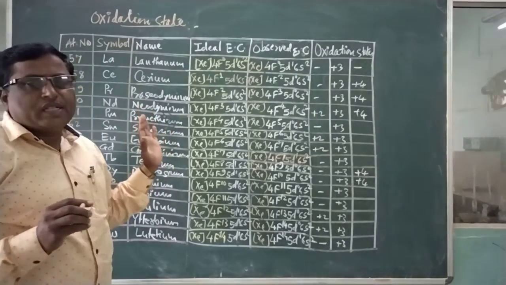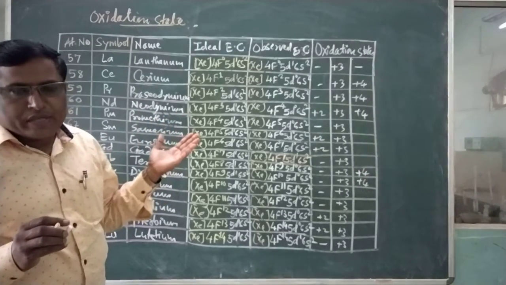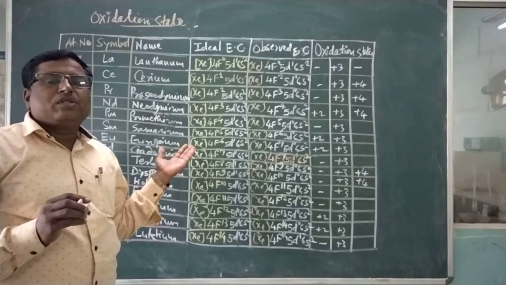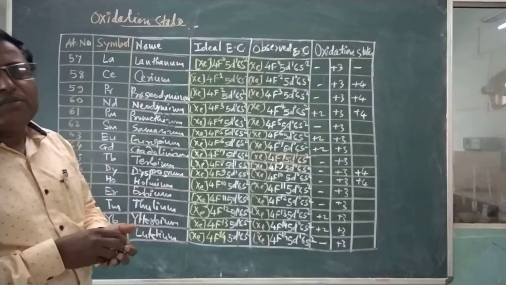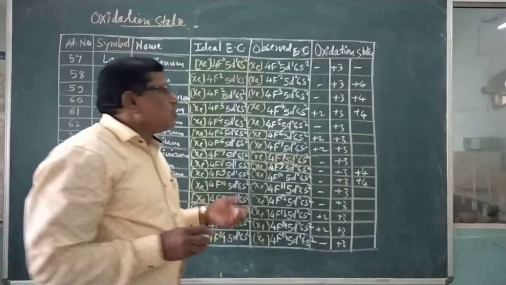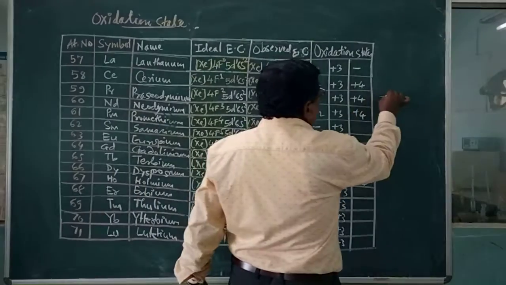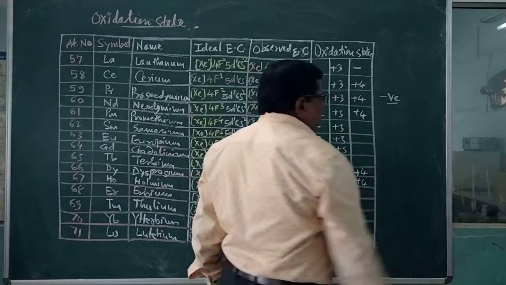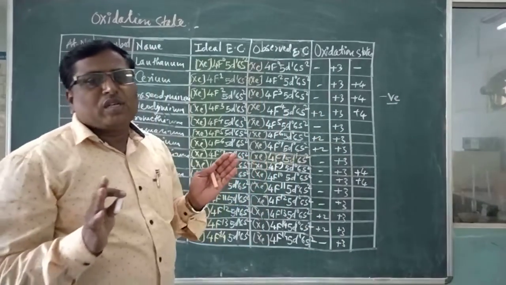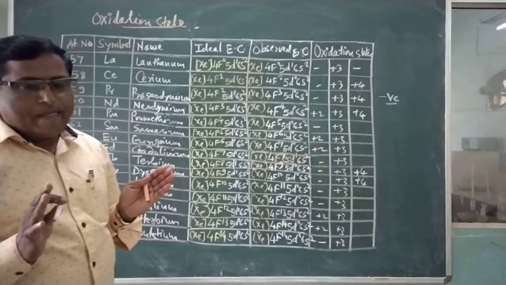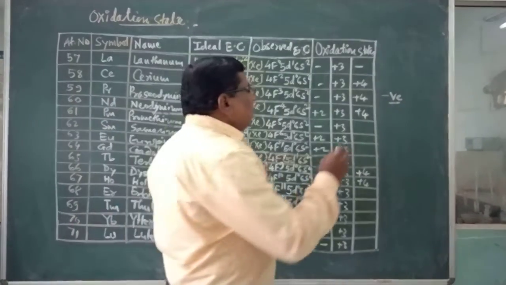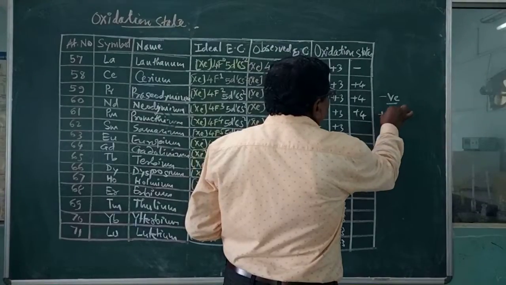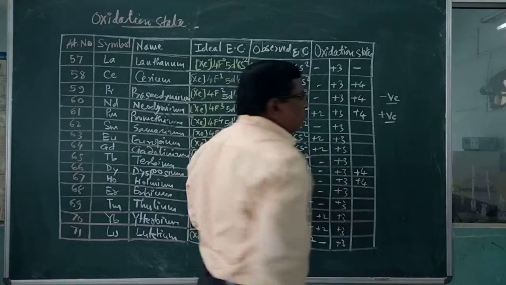Now oxidation state can be obtained in two ways: addition of electrons and removal of electrons. When electrons are added, a negative charge results. Negative oxidation state is obtained by the addition of electrons. When electrons are removed, the total number of electrons removed gives the positive oxidation state.